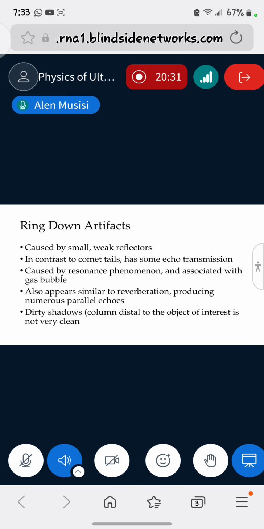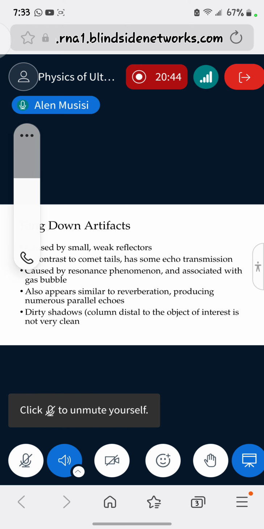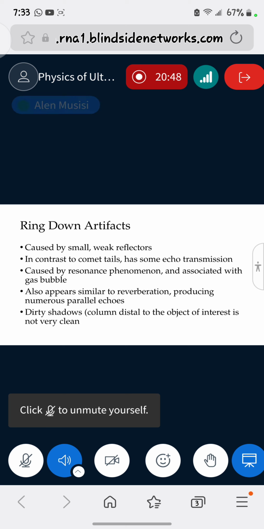And when they resonate, they produce their own signals, which go back to the transducer, and the transducer will show them as continuous signals originating from somewhere where there's gas downwards, almost to the bottom of the image.